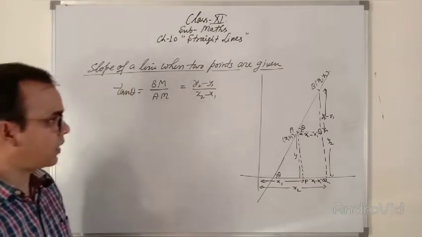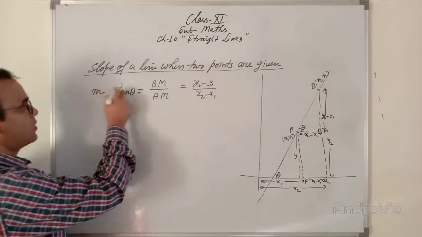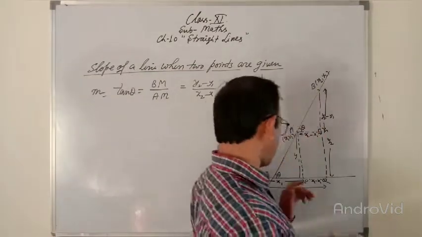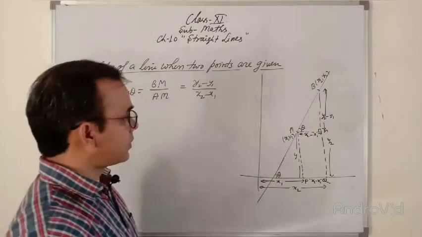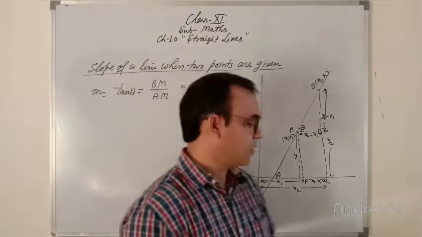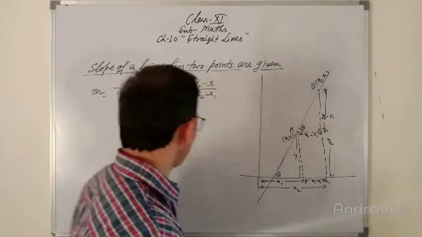So we can get the value of tan theta, that is the slope for this line, as y2 minus y1 upon x2 minus x1. So this is the first case when the 2 points are given. Now the second case may also be there if this angle theta is obtuse, means the line is like that.